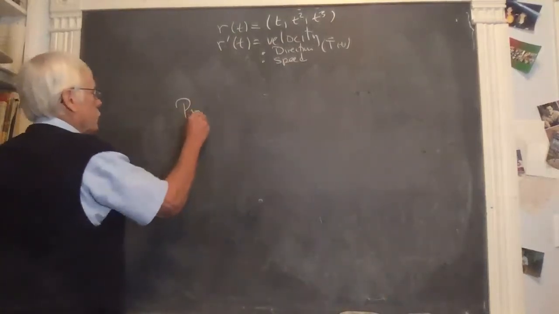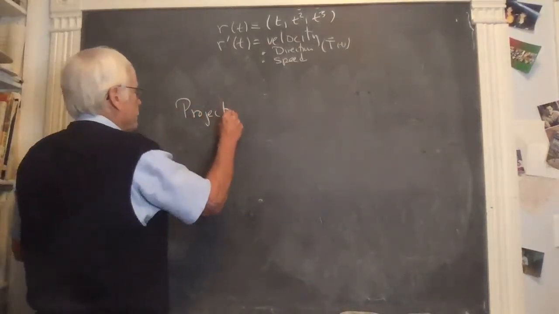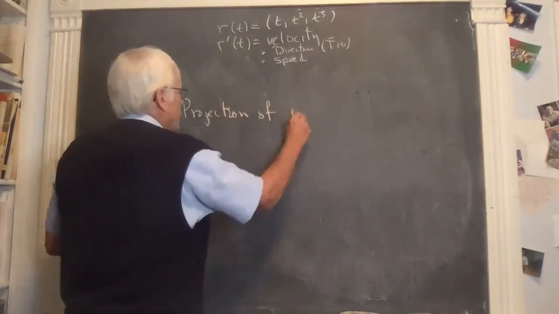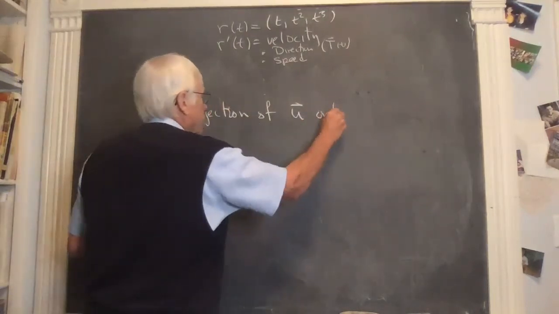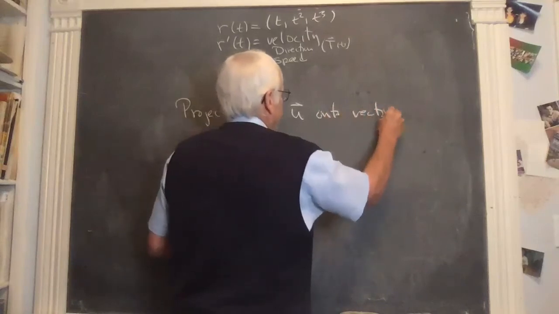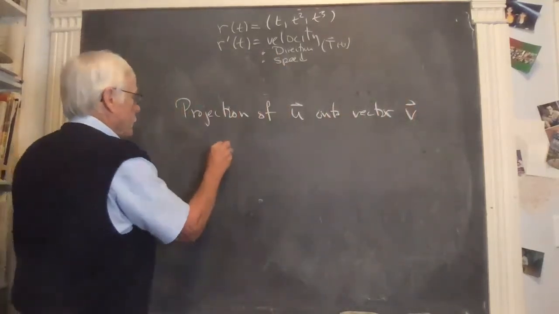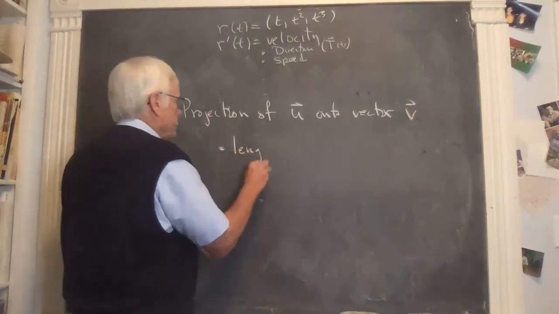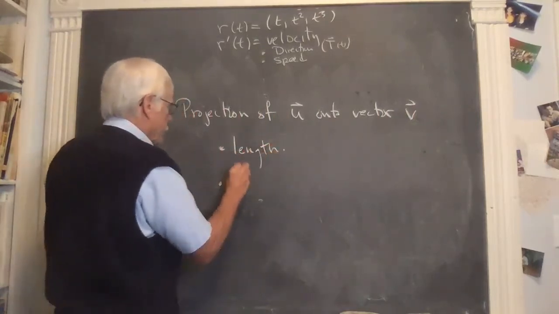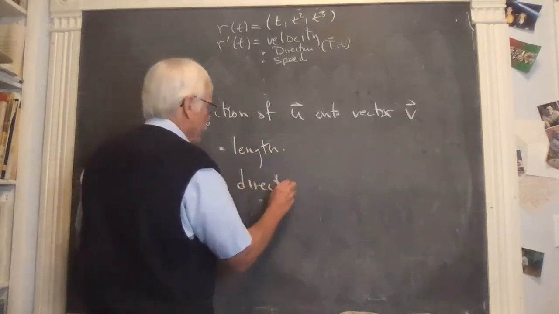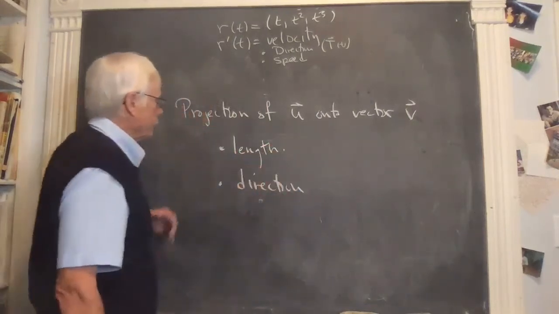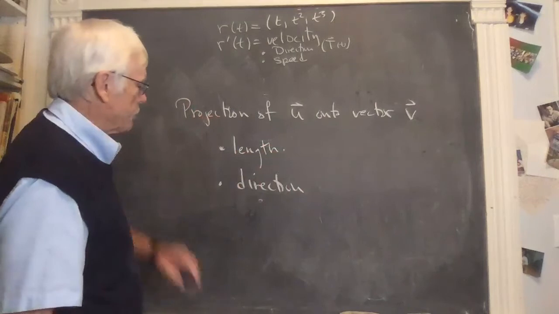I ask you to take a look at projection of vectors: vector u onto vector v. And in general, for a projection, there's a length and there's a direction. So you can find the vector projection or the length of the projection.